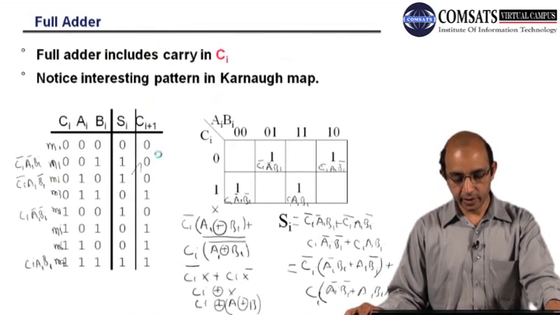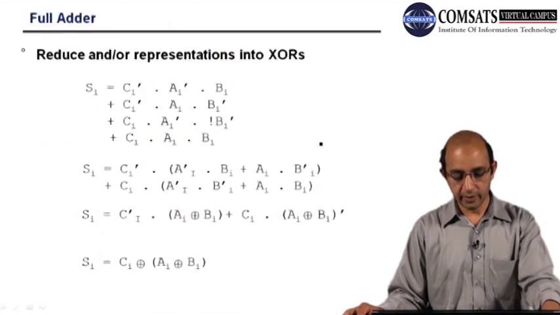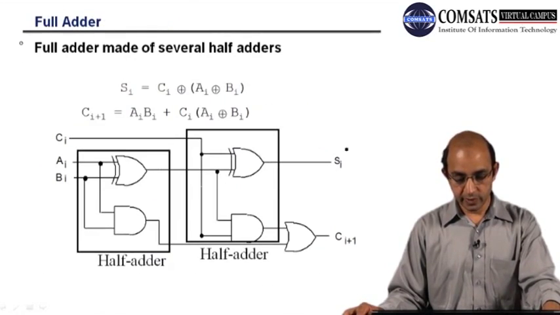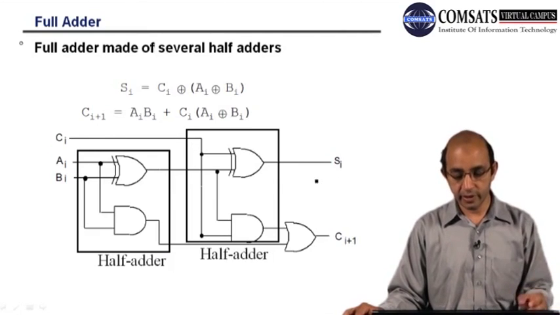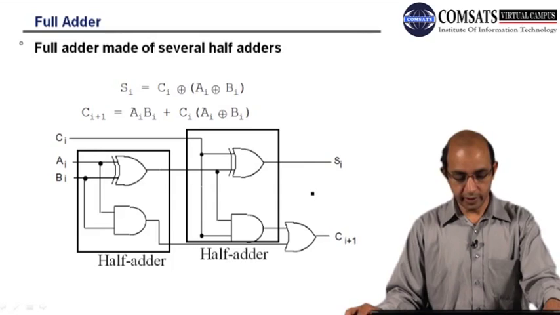If you go back, this is the half adder, so it can only add 2 bits. But I have an expression over here, so you can see that we can cascade two half adders in such a way that it can add. So this is the full adder, and you can see that we have the carry.